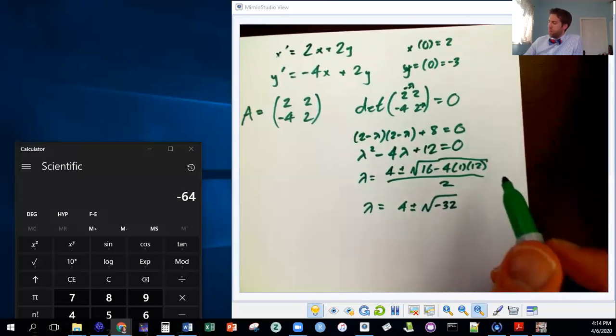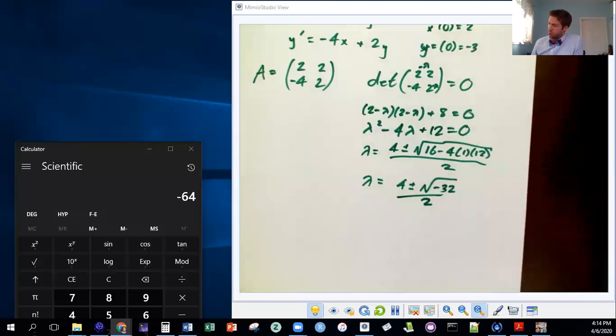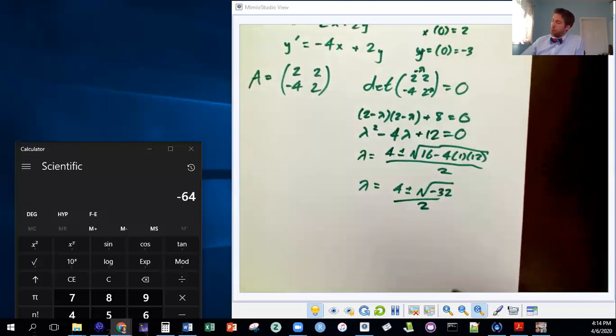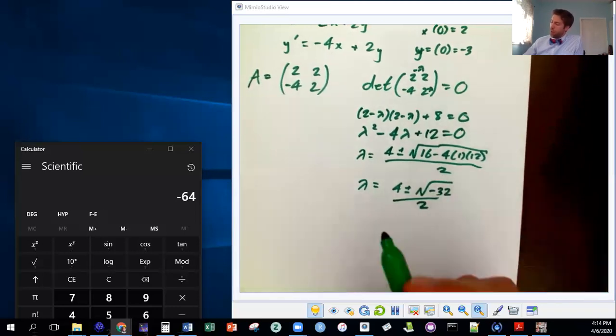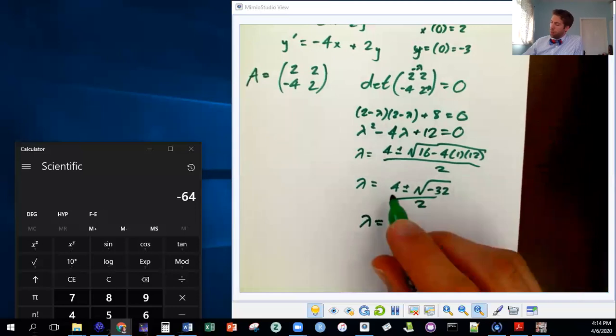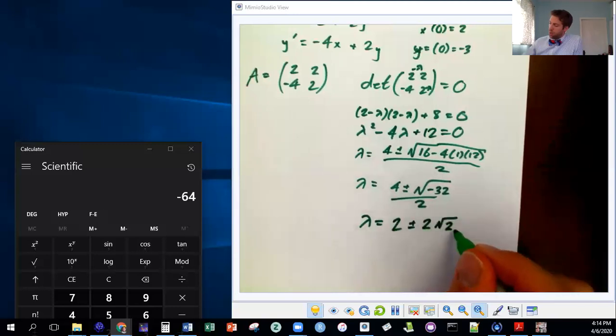Negative 32, all over 2. There's a factor of 16 inside that negative 32, so this would be 4 plus or minus 4 times the square root of negative 2. I can divide by the 2, so this is equal to 2 plus or minus 2 square root of 2 times i.